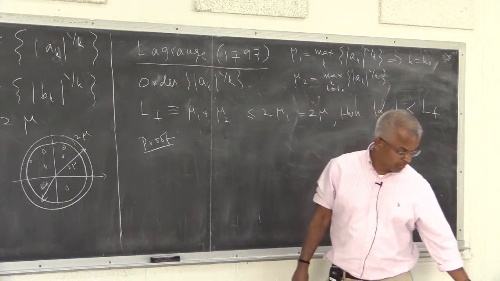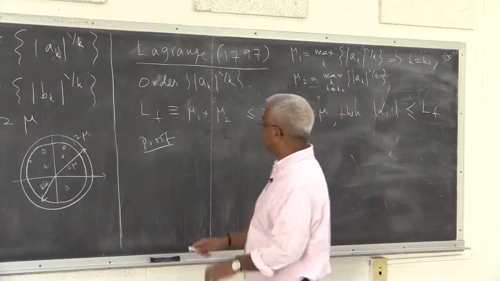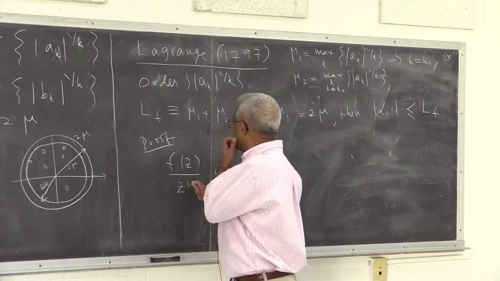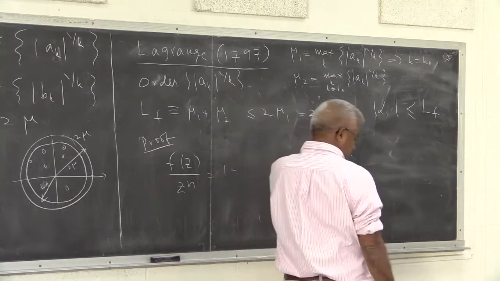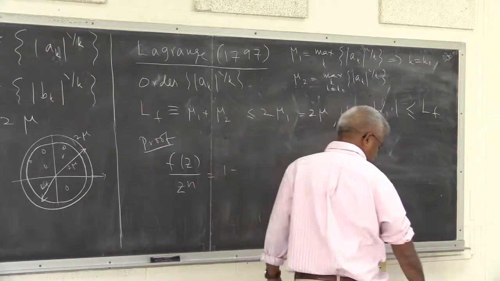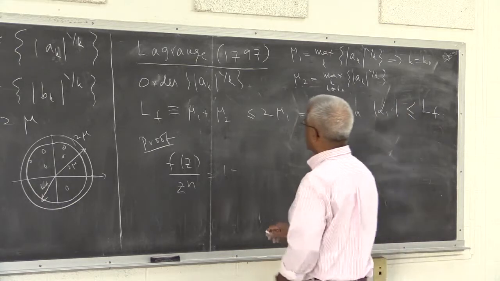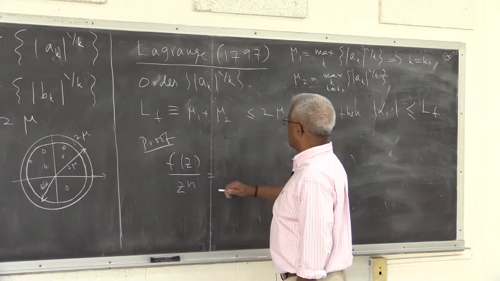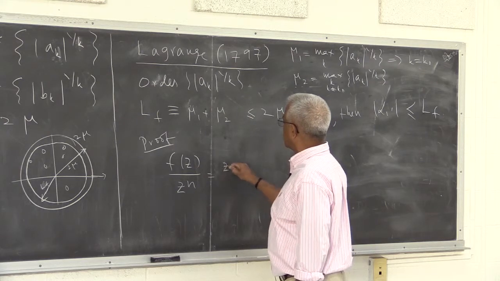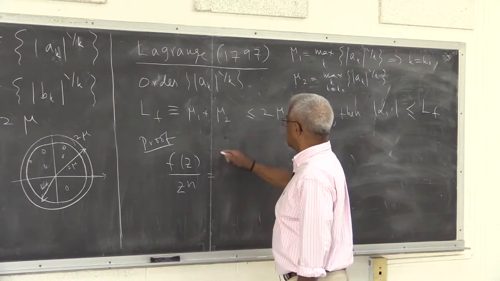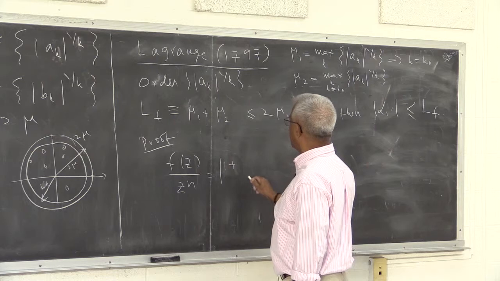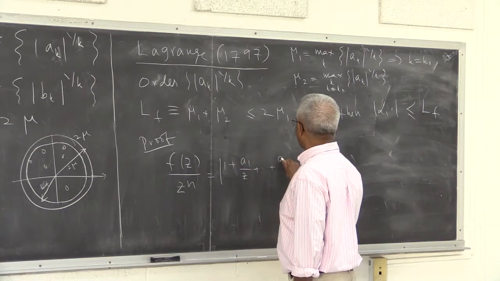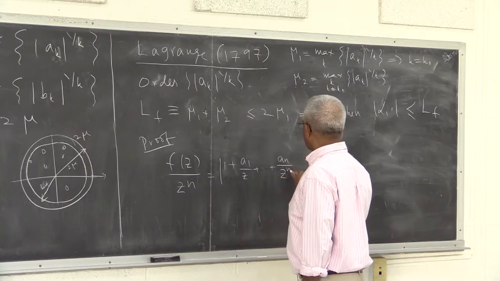So once again, we look at Fc over Zn. So we went through this. This is 1 minus absolute value of all of them. So remember, this is 1 absolute value of 1 plus A1 over Z plus etc. An over Zn.